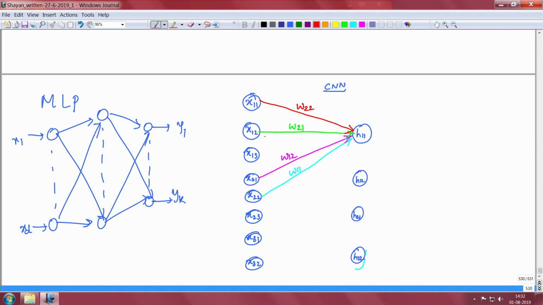Therefore, we have a connection from x12 to h12 weighed by the parameter W22. If you observe the connection between x11 and h11 and the connection from x12 to h12, we see that the same parameter is being used. So, this is the idea of weight sharing.